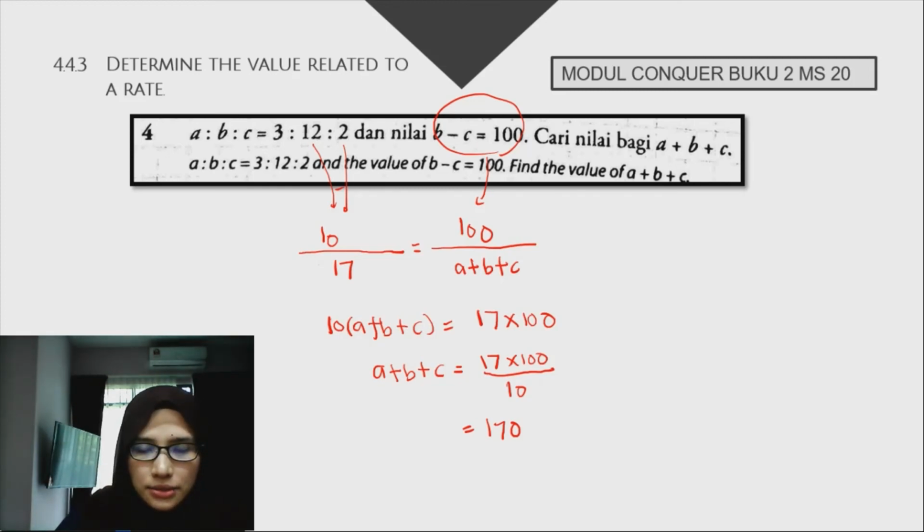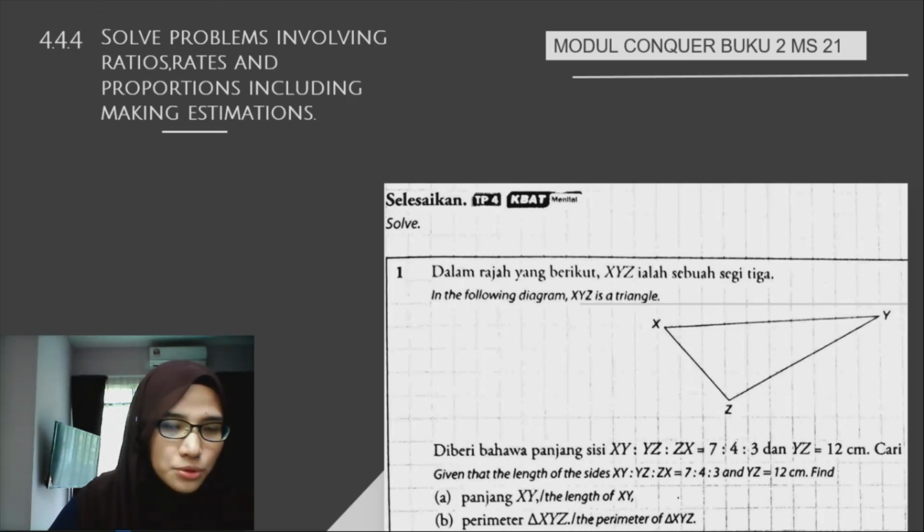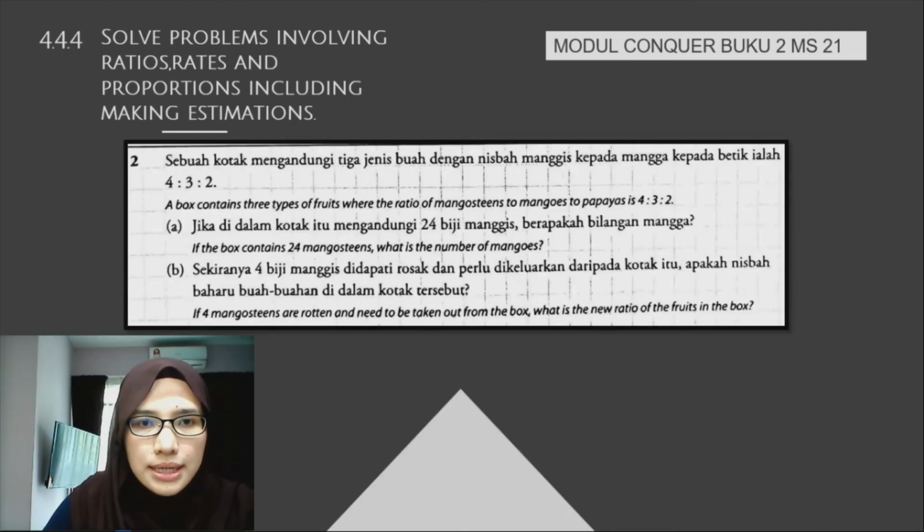Next learning standard is solving problems involving ratios, rates, and proportion. This one is real life situation. I'm giving you this task as your homework. You have 2 questions here on page 21. This one is a triangle, given the ratios. And the second one is about 3 types of fruits in a box, given ratios again.